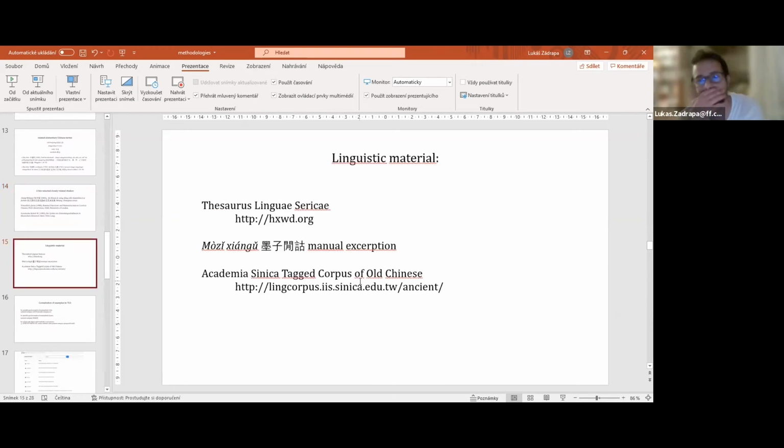Then we have this linguistic material. I test these hypotheses on, first of all, I take examples from, because for some transformations and to show what one can do with one and the same sentence, one has to make up sentences.